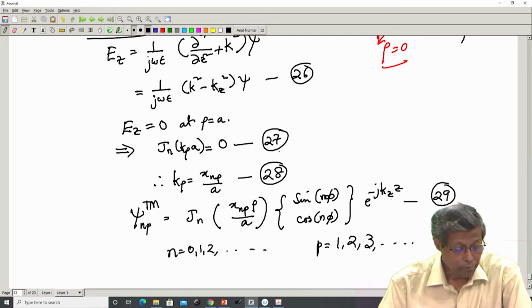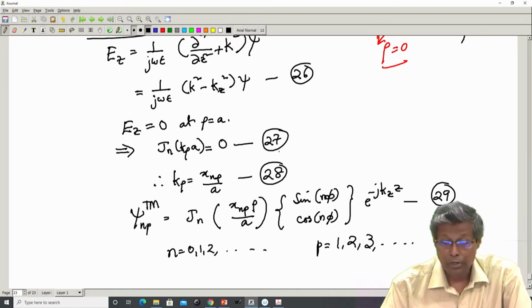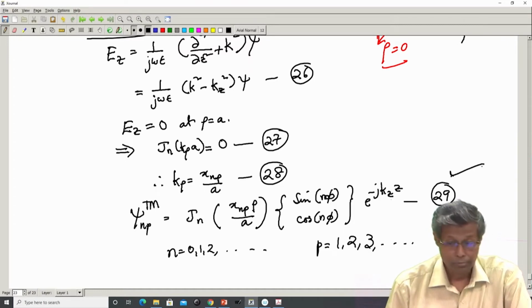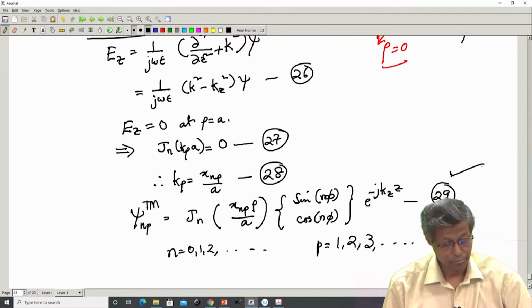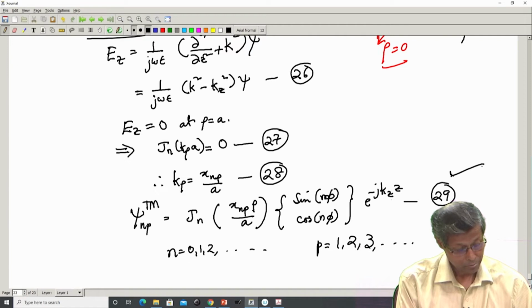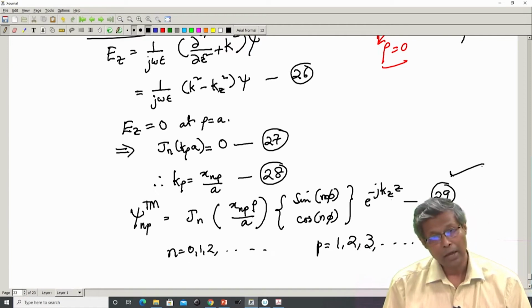So, the electromagnetic field is then determined from equation number 19 and 21 with this psi function. So, we saw that 19 and 21 gives the electric and the magnetic fields of the TM to Z modes.